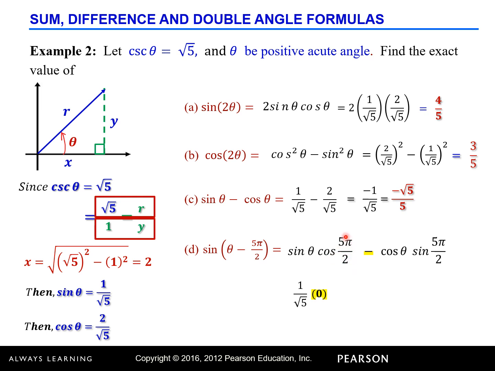Then cosine 5 pi over 2 in the calculator, you will get 0. Then the cosine theta is equal to 2 over root of 5. Then sine 5 pi over 2 using the calculator is equal to 1. Since the first term is 0, the answer will be equal to negative 2 square root of 5 over 5. So we already simplified this 2 over square root of 5.